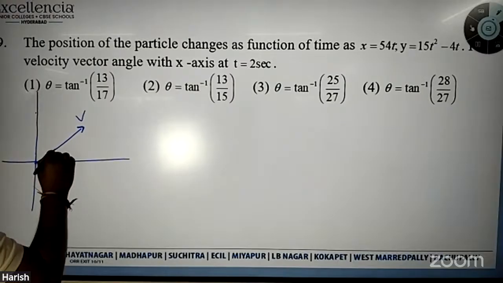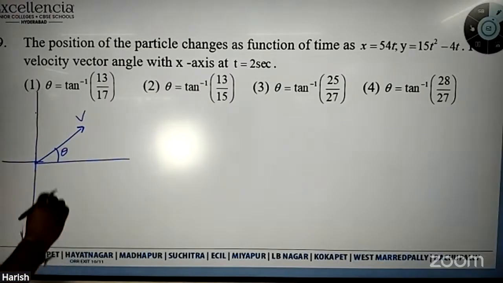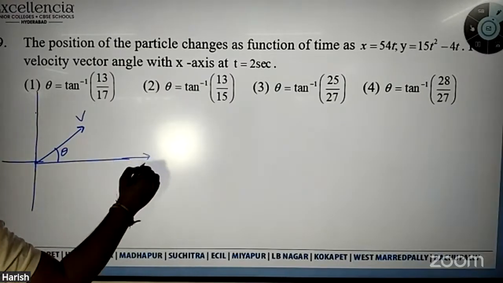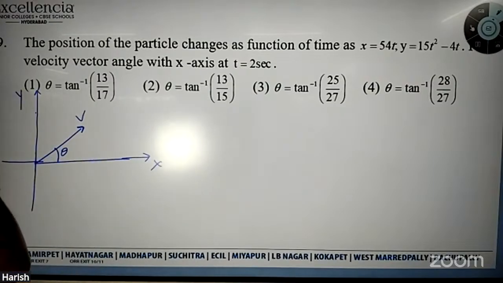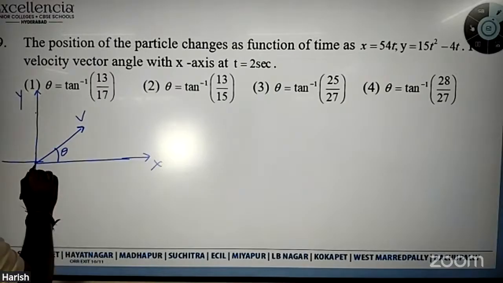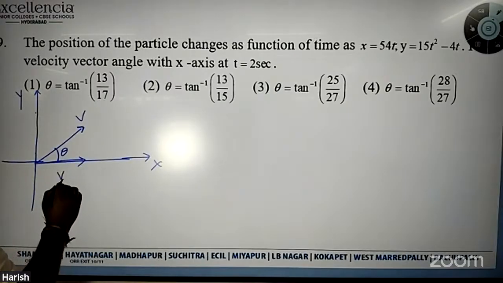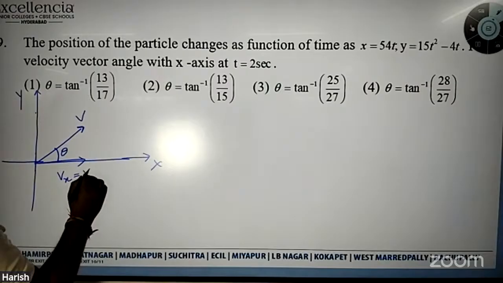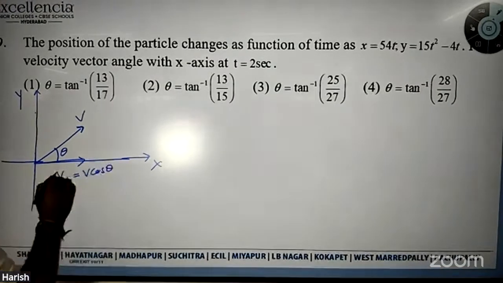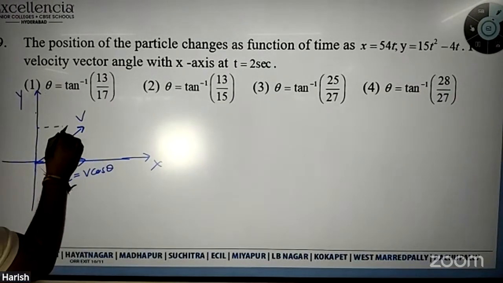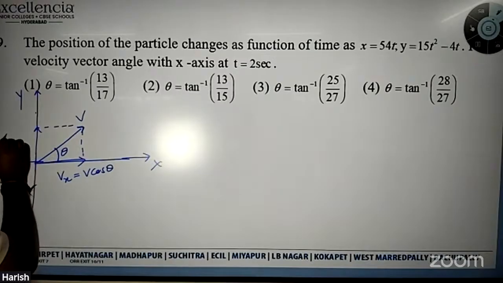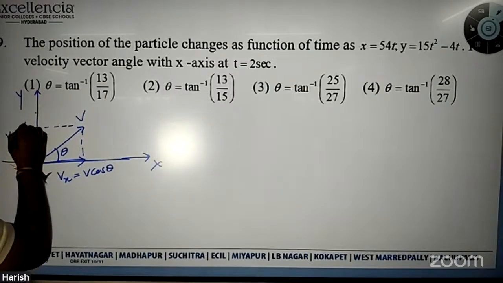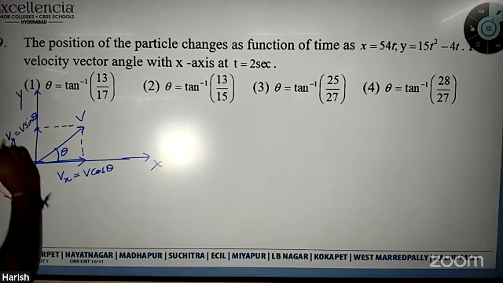Let us say velocity makes an angle theta with the x-axis. If you resolve this velocity into components, this will be Vx, which is V cos theta, and this will be Vy, which is V sin theta.